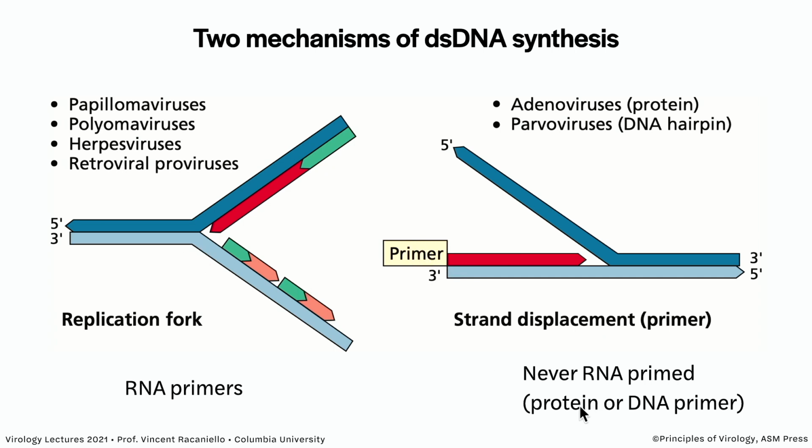It can be a protein primer or a DNA primer, never RNA primed. So strand displacement, distinct mechanism, and distinct primer. And we will talk about examples of this as well today. We'll talk about adenoviruses in which the primer is a protein, and parvoviruses in which the primer is a DNA hairpin, actually.